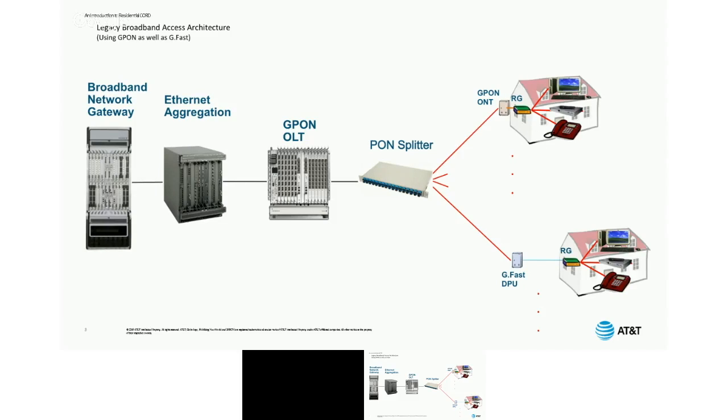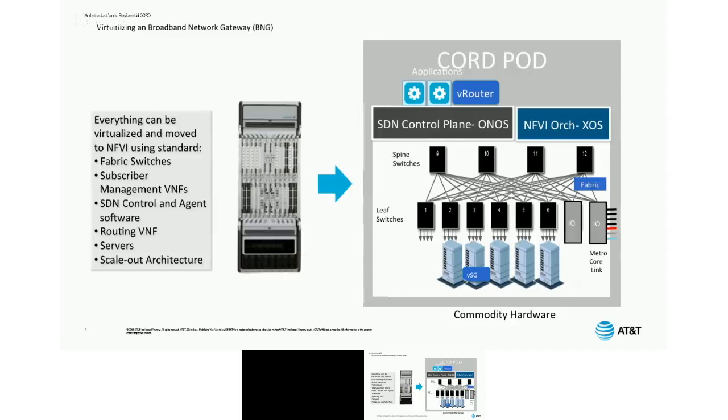It then gets split in a passive optical network. And finally, you get to the home where there are optical network terminators, or ONTs, and residential gateways, or RGs, and then all the really fun stuff like IPTV, set-top boxes, internet access for computers, and voice over IP telephony.